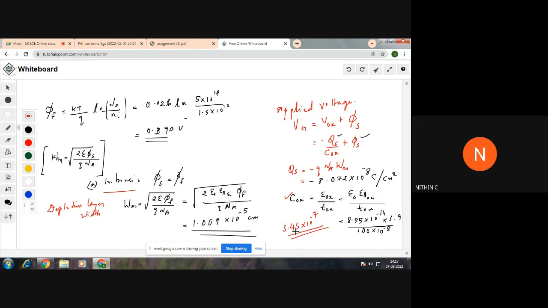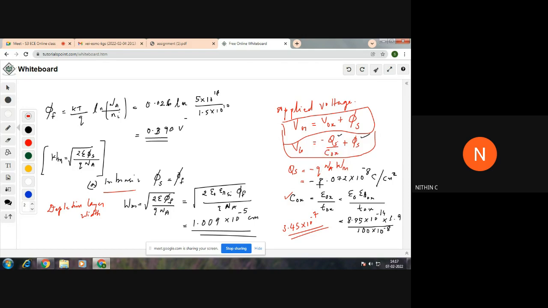Okay. So once you have got all these values, that is COX, QS, and phi s, which is already known to you, that is 0.390, then you can easily find the value of applied voltage. The expression is VG is equal to minus QS by COX plus phi s.